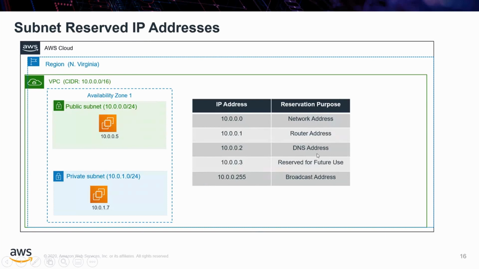You can't use the router address. The DNS address is reserved, and obviously the broadcast, and there is one more IP address reserved for future use. So say for instance you use a /28 CIDR for your VPC, you will get hardly 11 IP addresses that you can use. That's not very useful.